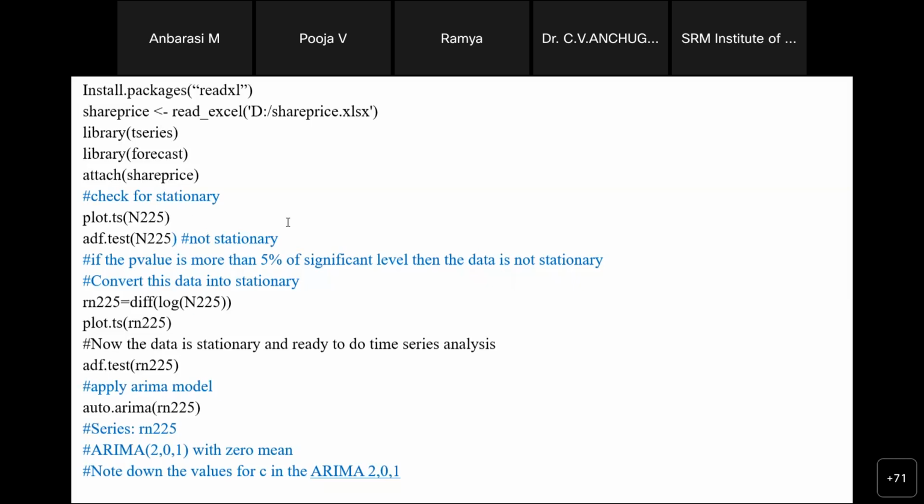The same values we pass here also. Based on these values, we generate a model. Once you have generated a model, we can check the coefficients value.